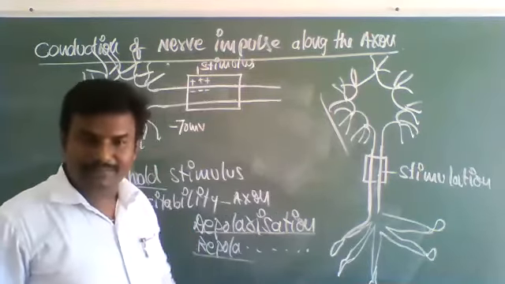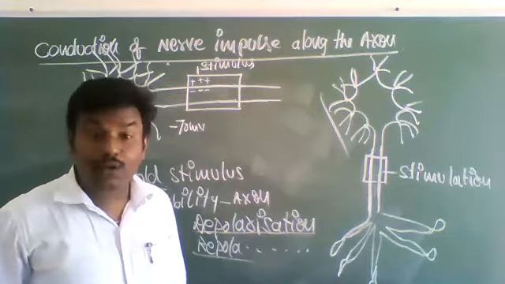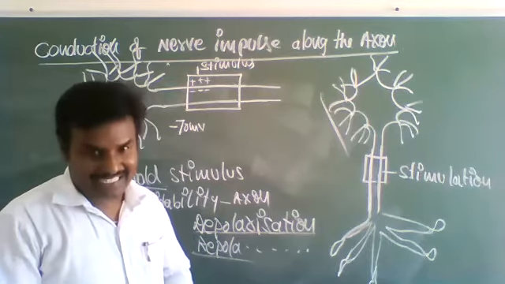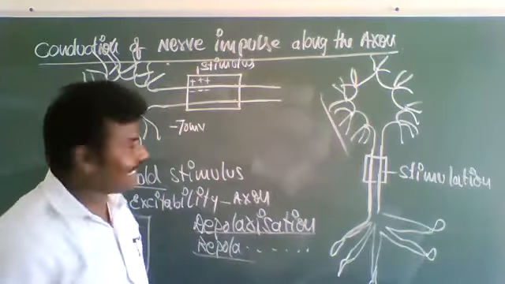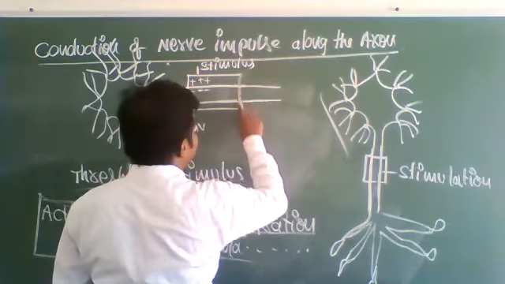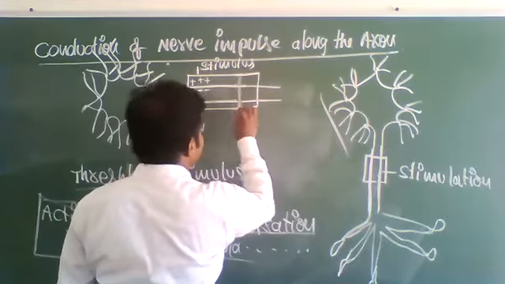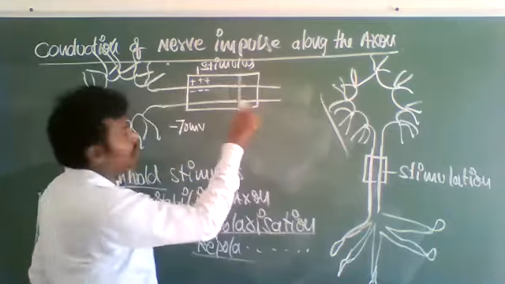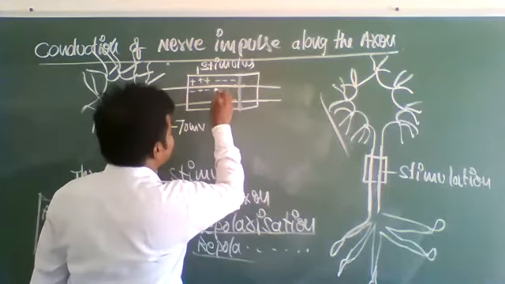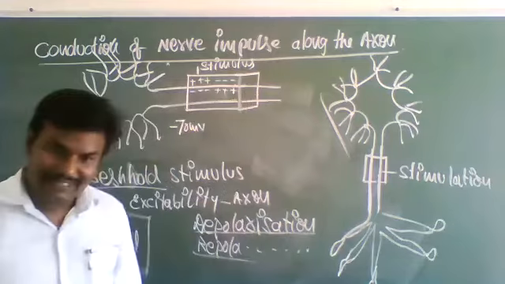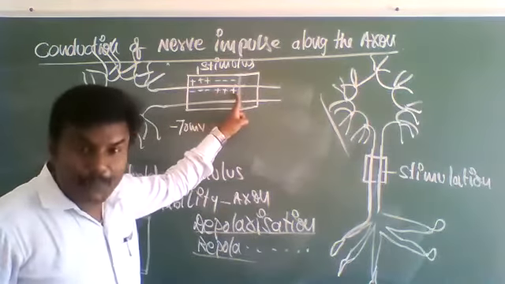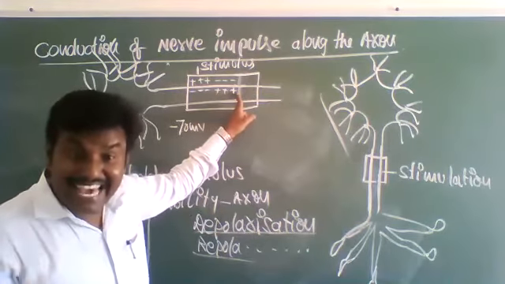On stimulus, this axon undergoes depolarization. After depolarization, it goes to repolarization. That is what I should show here. Depolarization. The axon undergoes depolarization. Depolarized means excited.